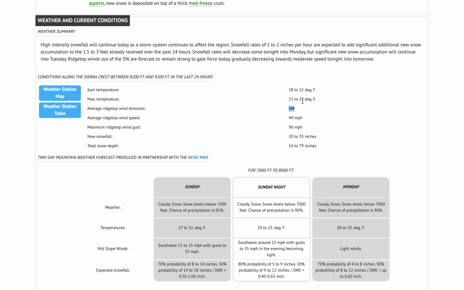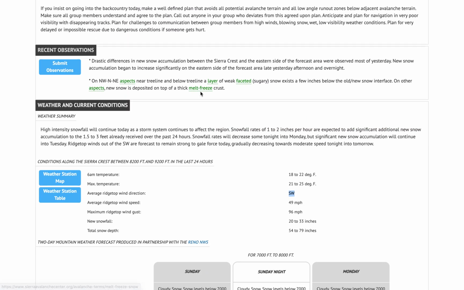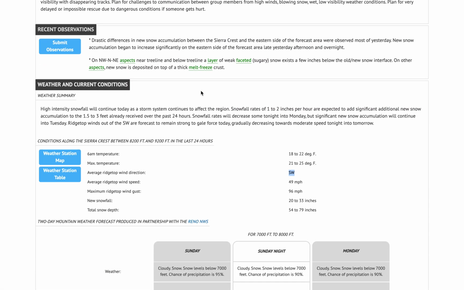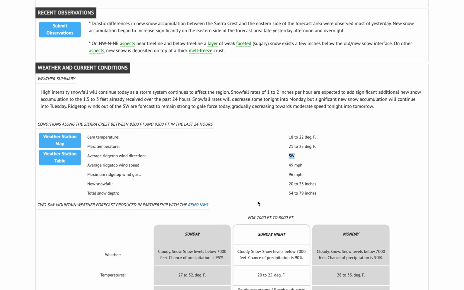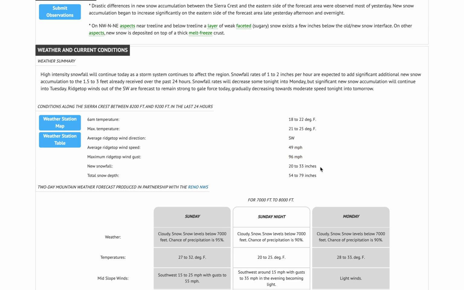Obviously, there's that southwest flow that I was talking about earlier that causes this wind slab problem. So you can make inferences that the wind slab problem is going to continue to grow as more wind comes from the southwest and deposits more snow on those other aspects. Average wind speed was pretty windy that day, again contributing to that wind slab problem. Maximum ridgetop wind gust. New snowfall.